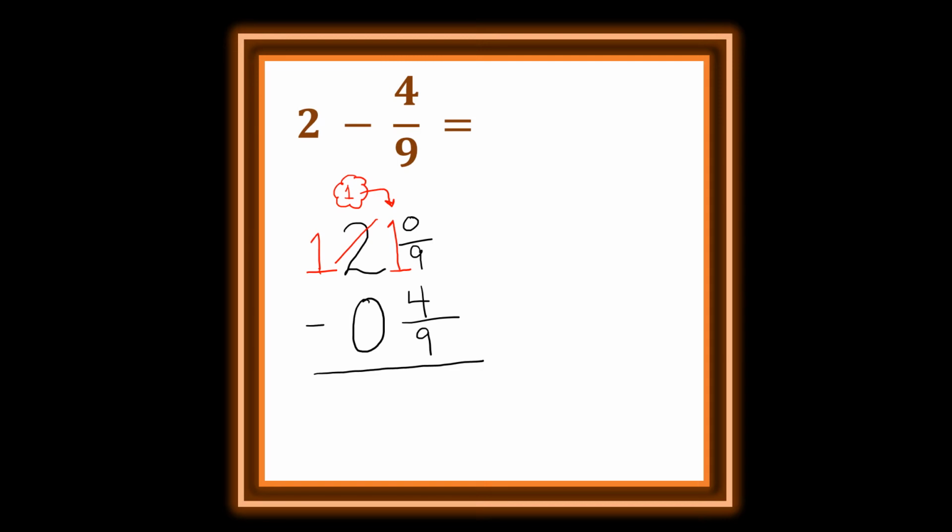I'm going to change that to an improper fraction. 9 times 1 equals 9, and 9 plus 0 equals 9. So I have 9 over 9, take away 4 over 9 equals 5/9. Now I can subtract 1 take away 0 equals 1. And that is my answer.